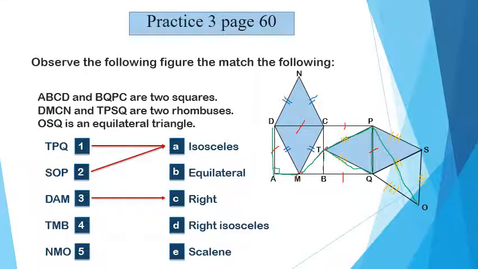TBM is a right angle again, since ABCD is a square. And since M is the midpoint of AB and T the midpoint of BC, and we know that AB and BC are equal, I can say that MB equals TB. And this triangle is a right isosceles triangle.